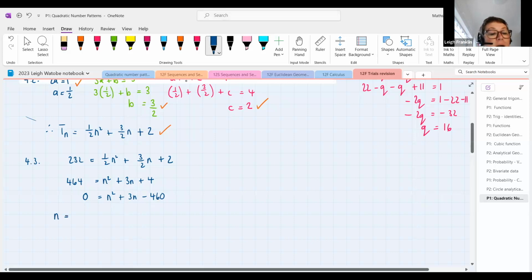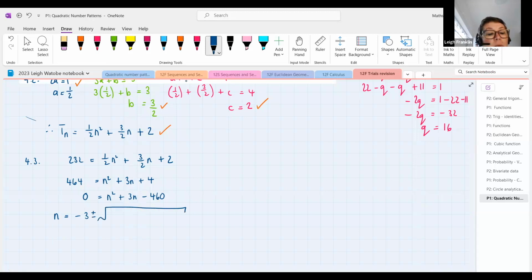So we've got negative b plus or minus, and then we've got b squared. So that's 3 squared minus 4ac all over 2a. All right, so two different solutions for n.